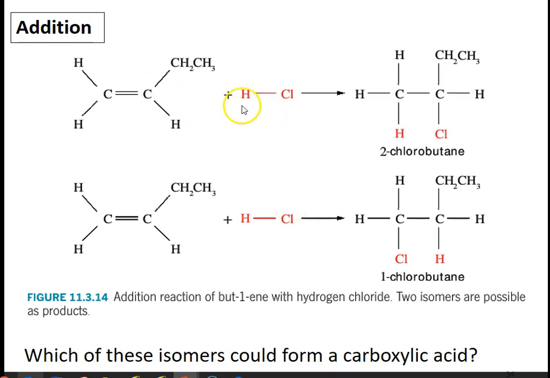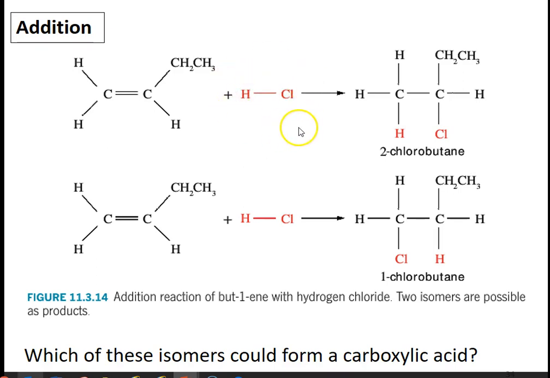If you add hydrochloric acid, a hydrogen has to go onto one carbon and the chlorine has to go onto the other carbon. Remember to break your bond. People always seem to have a double bond here and still end up putting a double bond there. Don't get tricked. You're not going to add these things to the same carbon. You have to add them to the different carbons.